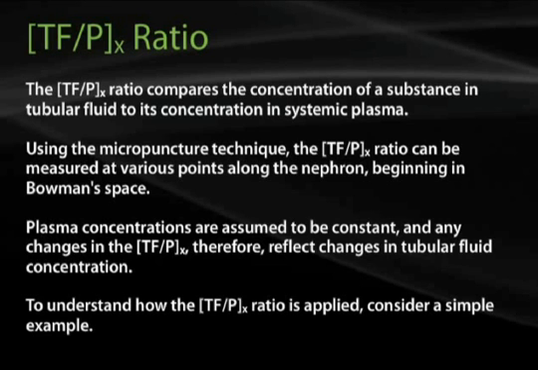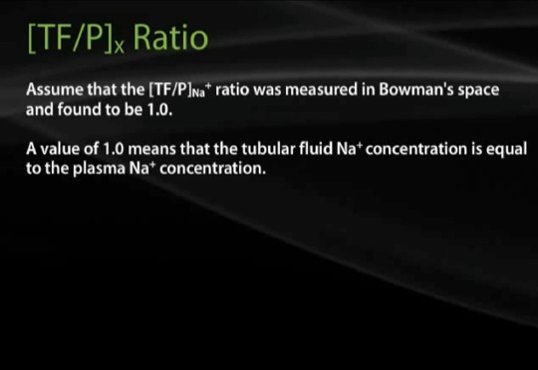To understand how the tubular fluid to plasma concentration was applied, consider a simple example. Assume that the tubular fluid to plasma concentration ratio of sodium was measured in Bowman space and found to be 1.0. A value of 1.0 means that the tubular fluid sodium concentration is equal to the plasma sodium concentration.